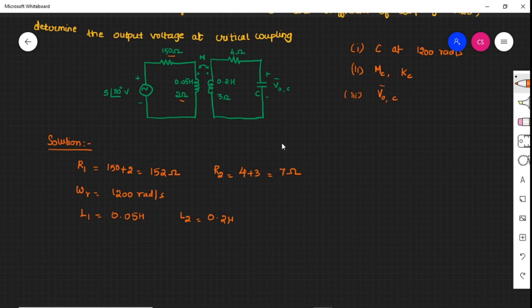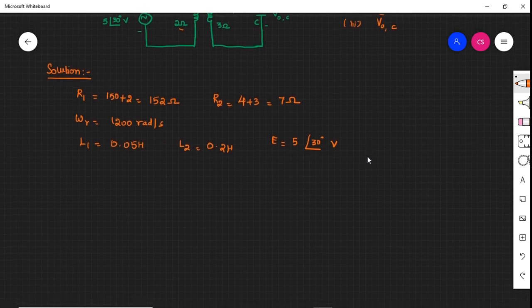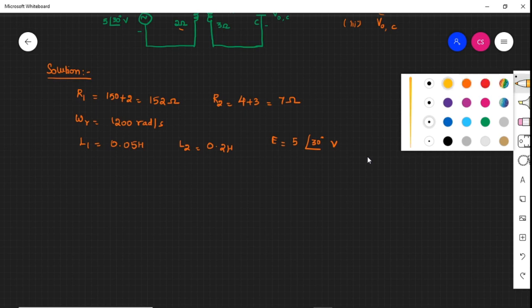And the voltage E is given as 5 angle 30 degree volts. So these are the given data, and using this we need to first find the capacitance at 1200 radians per second. Let us write down the formulas first to find the capacitance, the mutual inductance, the critical coefficient of coupling and the output voltage at critical coupling.